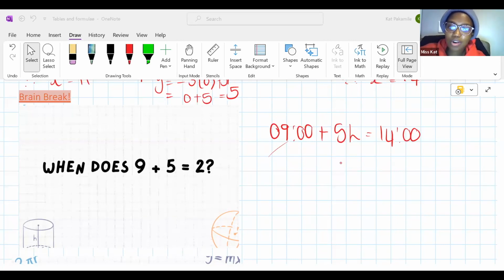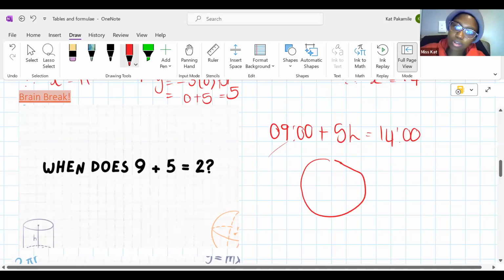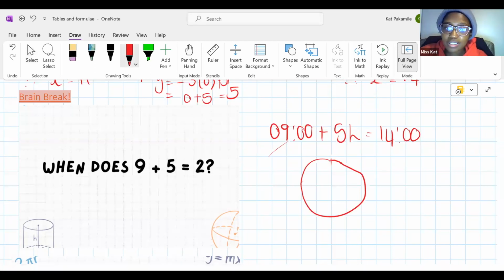Pretend that's a circle, guys. If you are at 9, then this is 10, 11, 12, 1, 2. So if you start there, say 1, 2, 3, 4, 5. See? So it works with time.